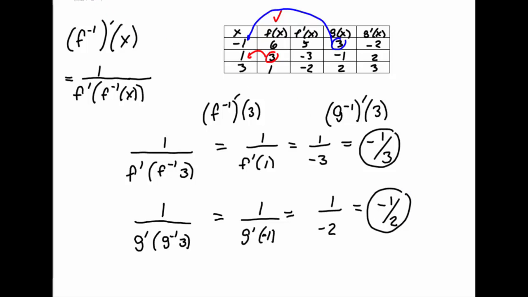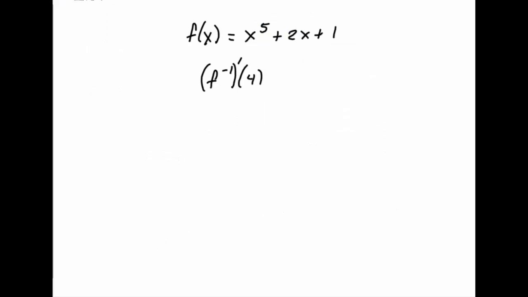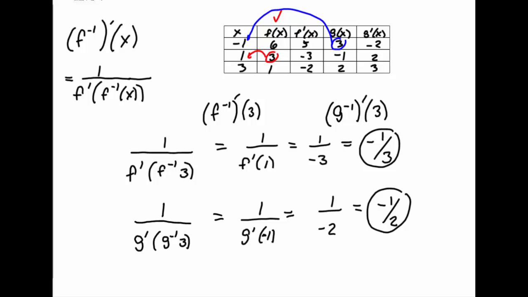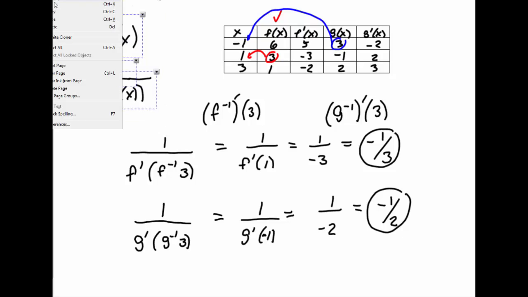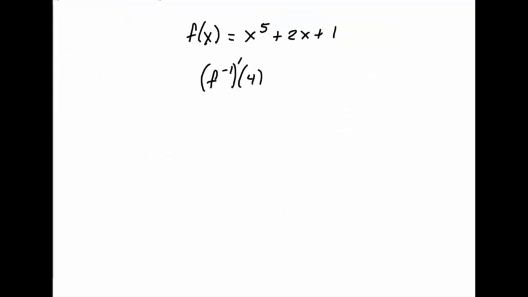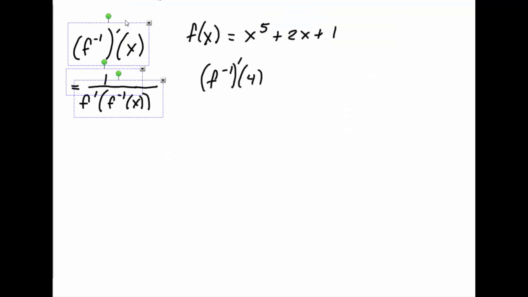Now let's look at a regular function, how we would do one like this. And let's steal this equation here. Okay, we're just going to follow suit with what we're doing here.